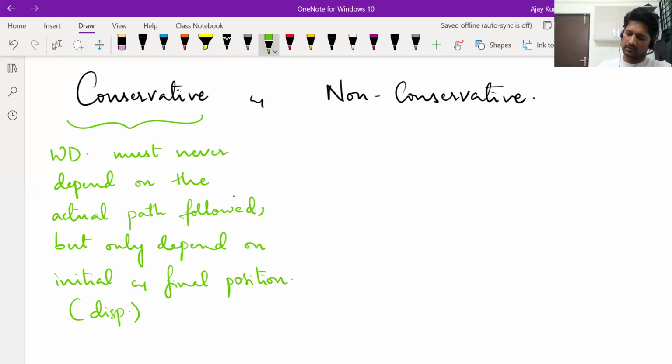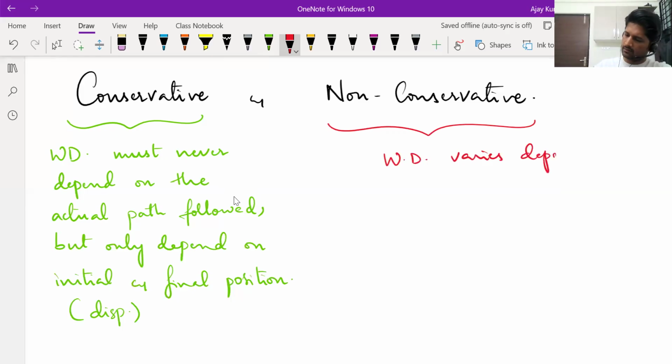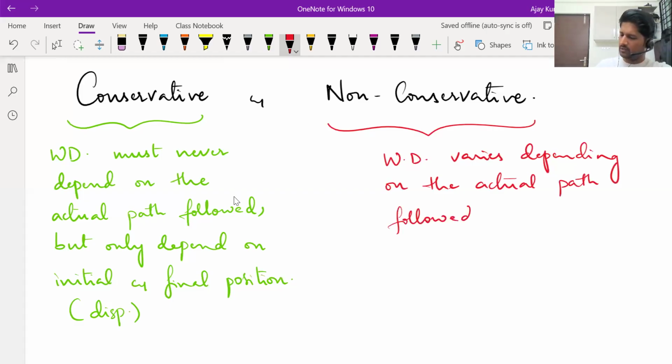On the other hand, non-conservative forces. Work done varies depending on the actual path followed. What does that mean?